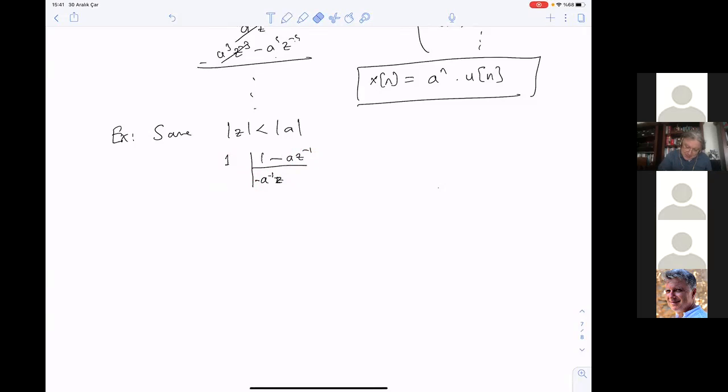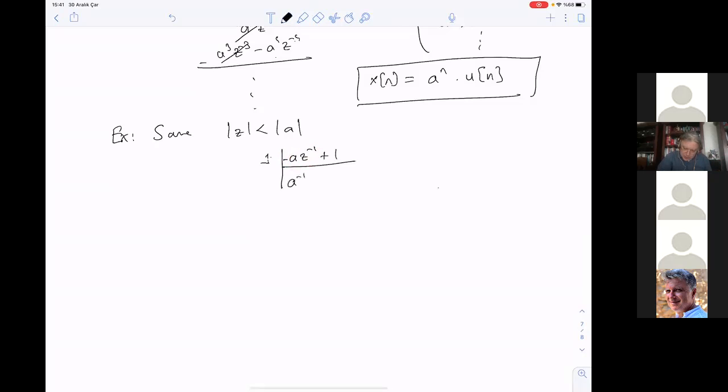I will erase everything and write it in an alternative form. It's the same division I'm making. 1 over minus a z inverse plus 1. This is the thing that I'm dividing.